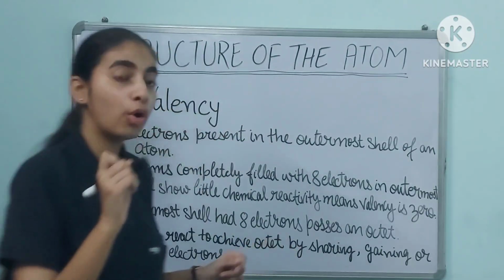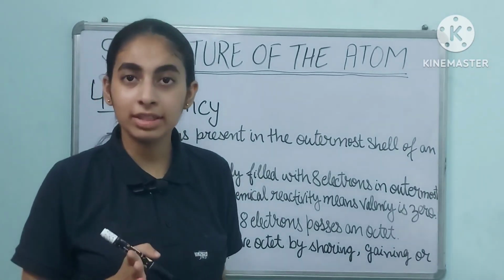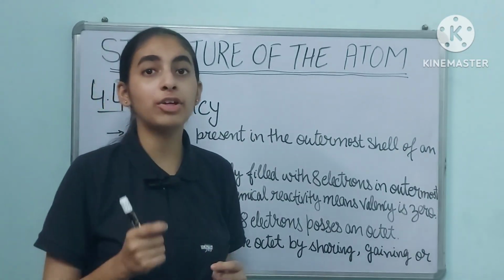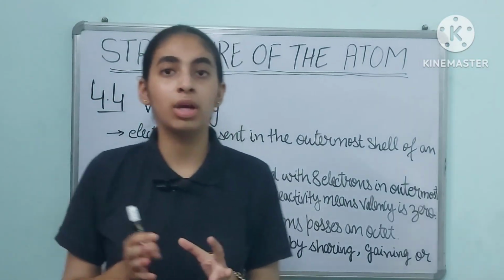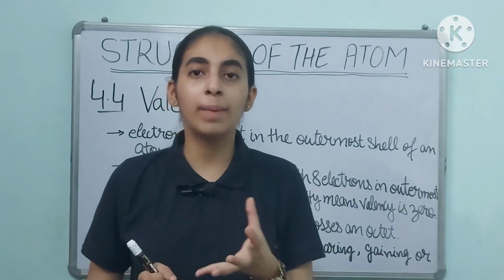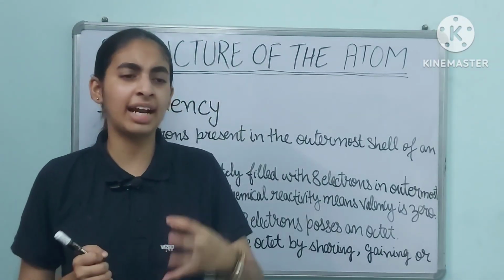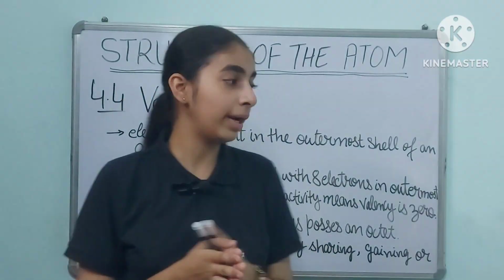That's why fluorine will gain one electron, as there were 7 electrons in the outermost shell. And if I talk about lithium, in lithium the outermost shell has 1 electron. So it is easier to lose 1 electron than to gain 7 electrons. Obviously, losing 1 electron is easier, and that will form a duplet, right?